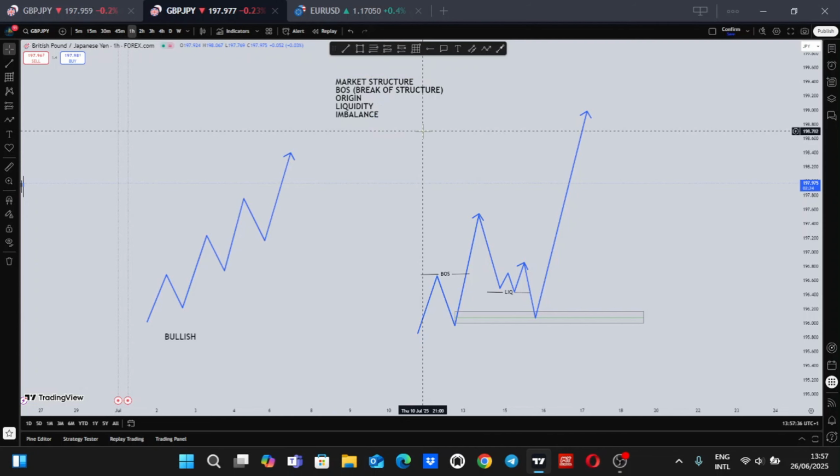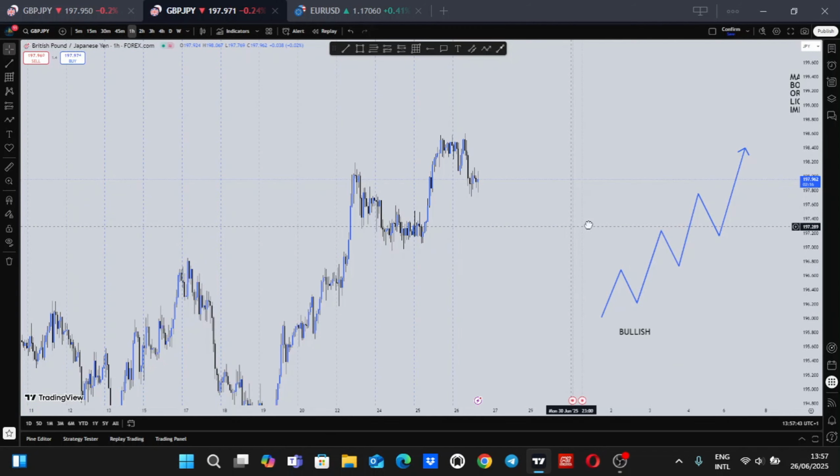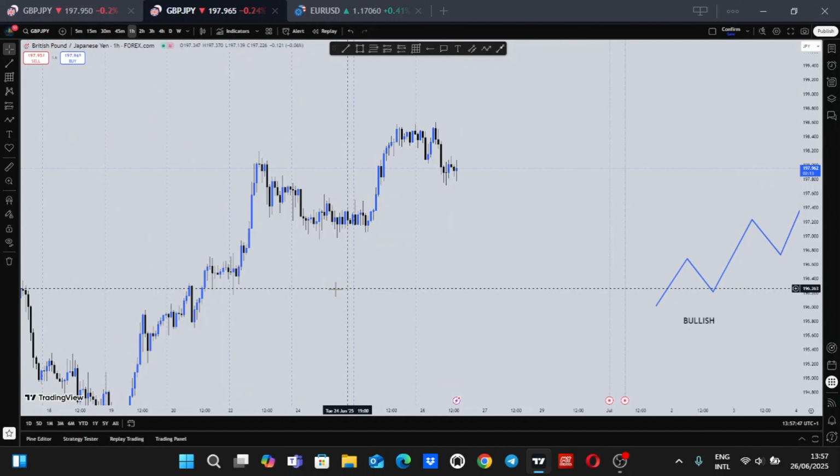It's called imbalance. All right, so let me go to the chart to explain this for you. Let me use here as an example. You can see this break of structure right here, break of structure to the upside.